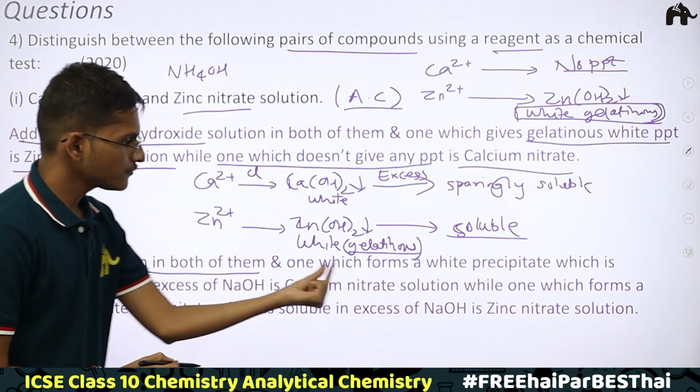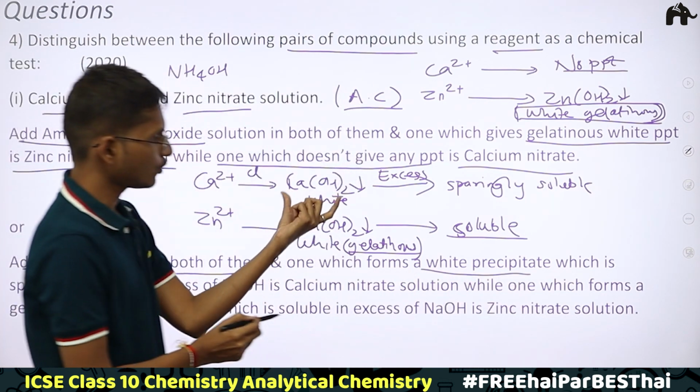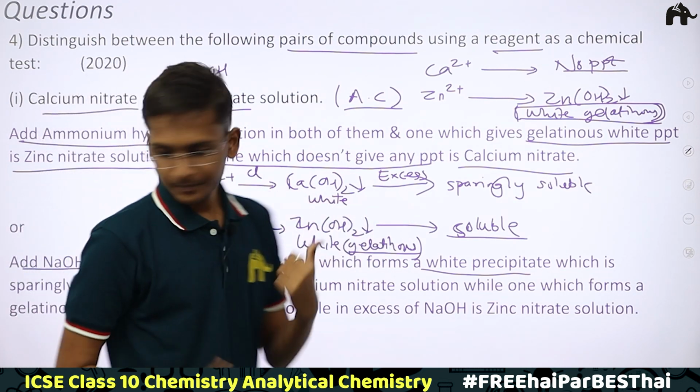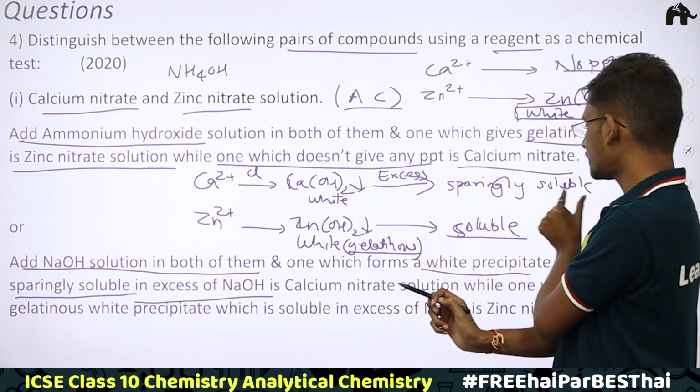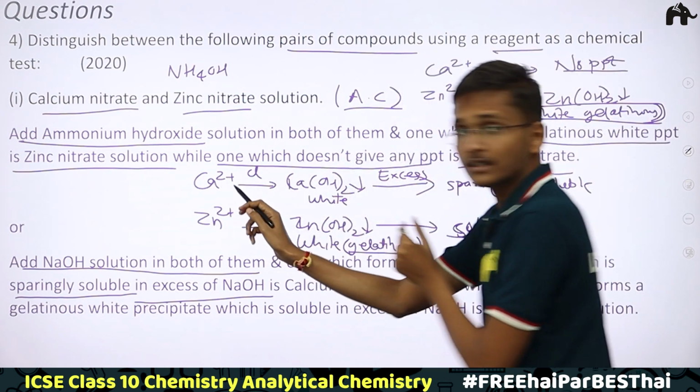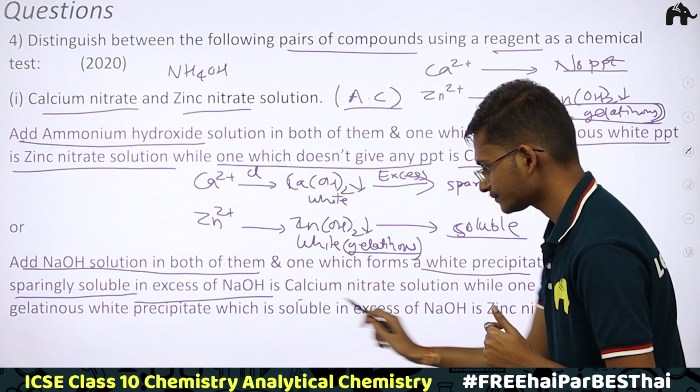Now, the one which forms white precipitate, which is sparingly soluble in excess of NaOH, see, sparingly soluble in excess of NaOH is the calcium nitrate solution.